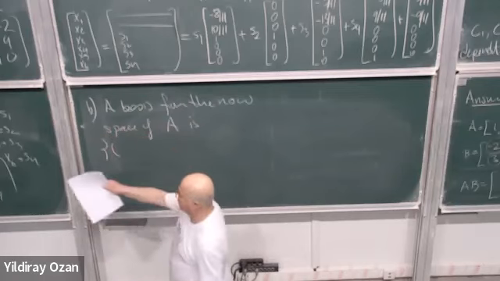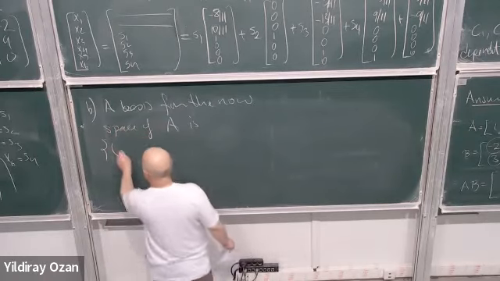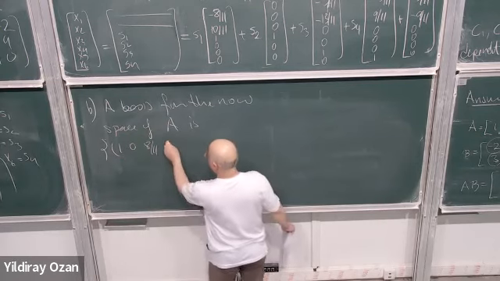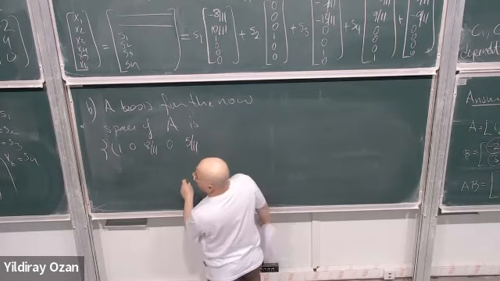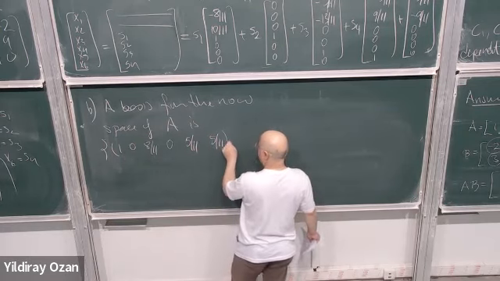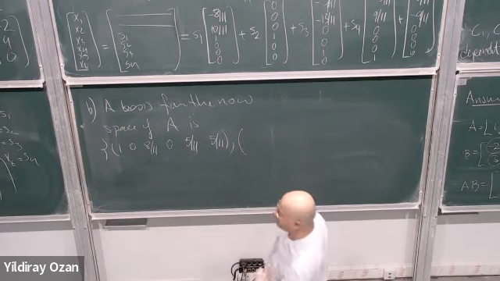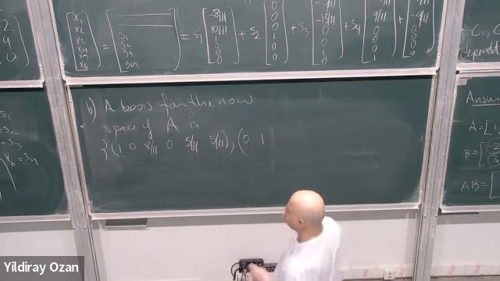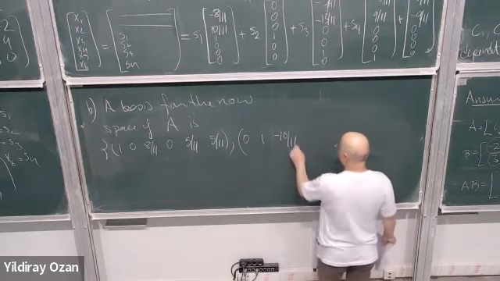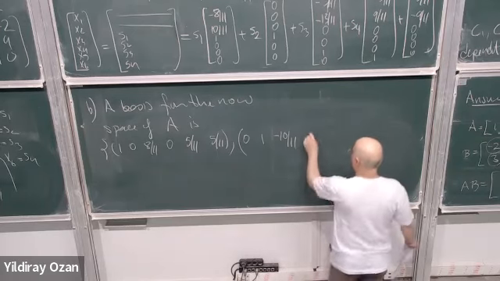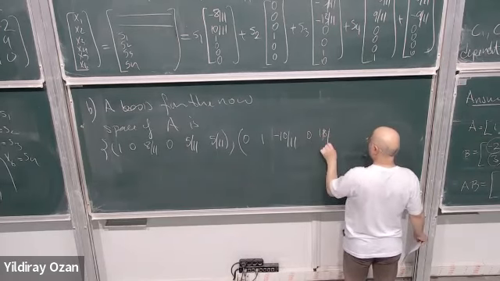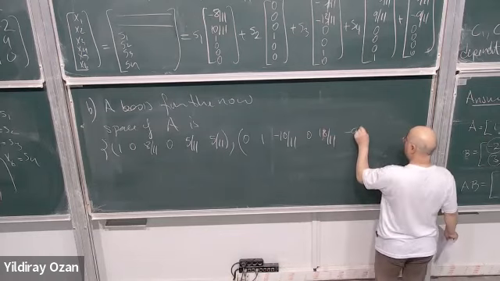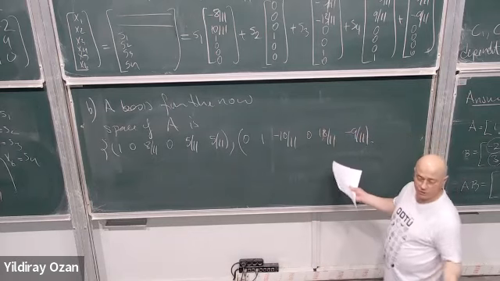You just take the non-zero rows. The first vector is 1, 0, 8 over 11, 0, 5 over 11, and 5 over 11. The second one is 0, 1, minus 10 over 11, 0, 13 over 11, and minus 9 over 11. Okay, so this is a basis.